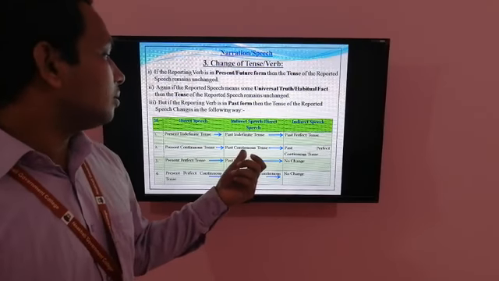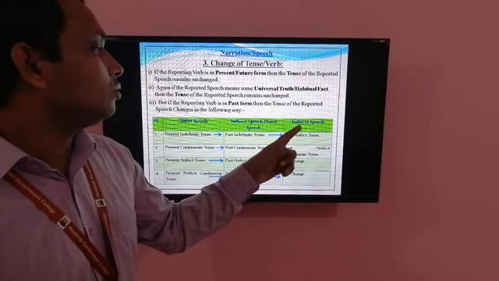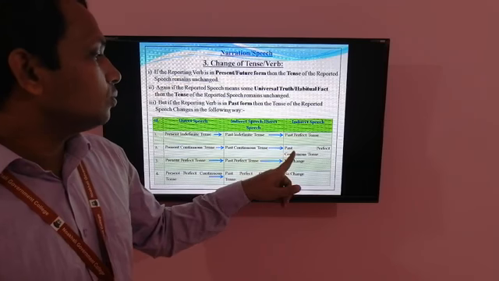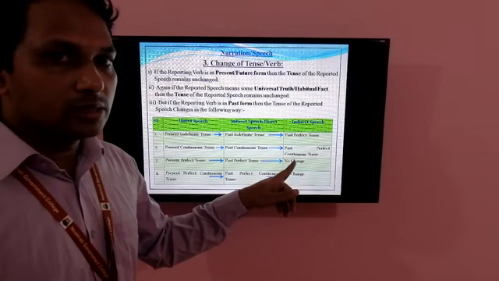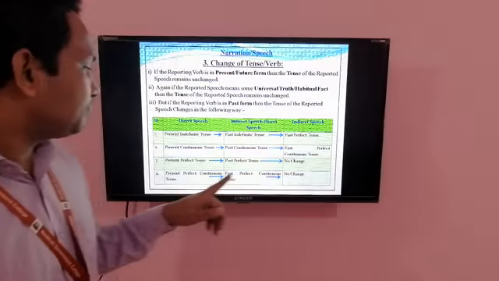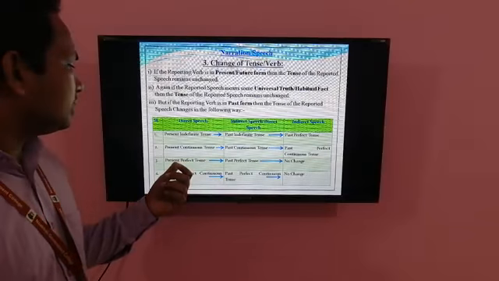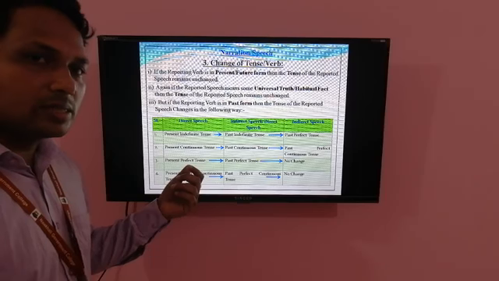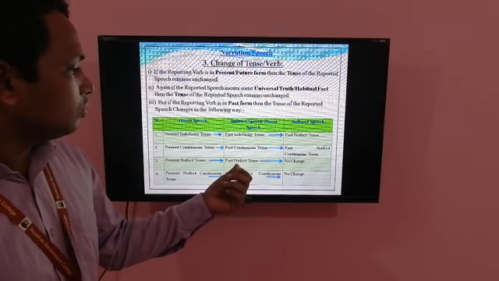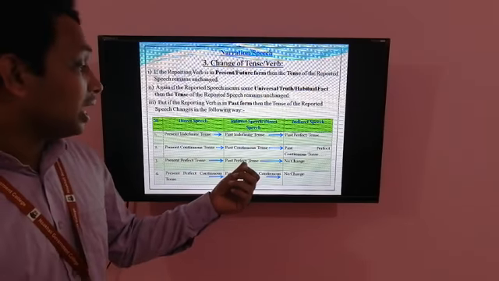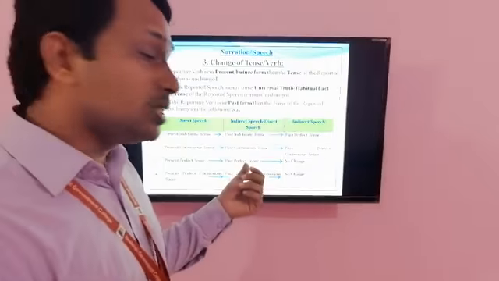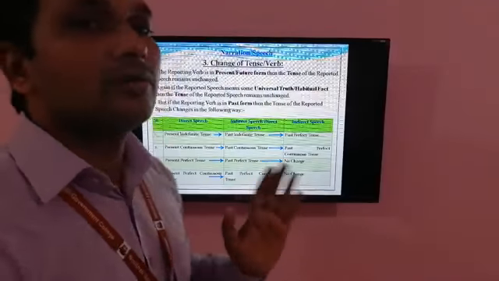And if it is in past continuous tense, we have to change it to past perfect continuous tense. If the reported speech is in present perfect tense, we have to change it to past perfect tense. And if the reported speech is in past perfect tense, relax, you need not change.